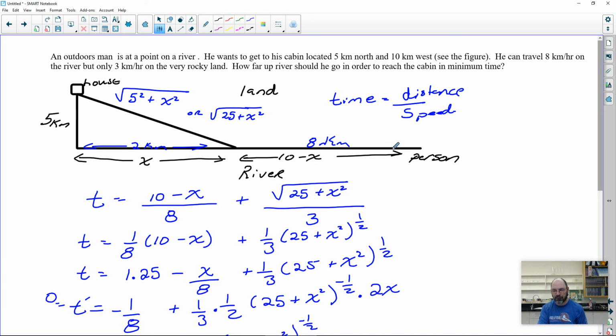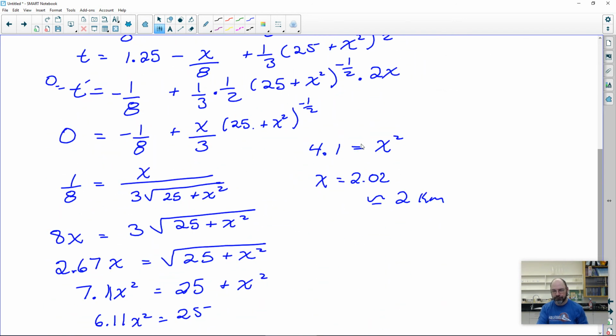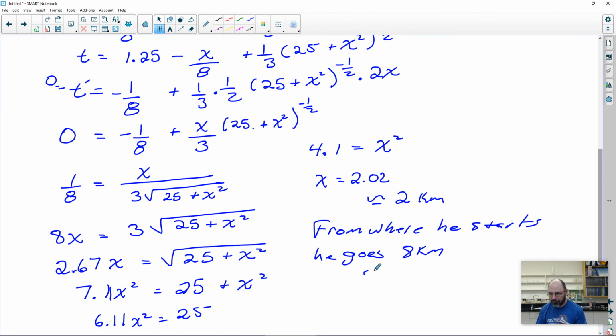So we wanted this 8 kilometers. So he should go up 8 kilometers from where he is. He goes 8 kilometers until jumping to land.